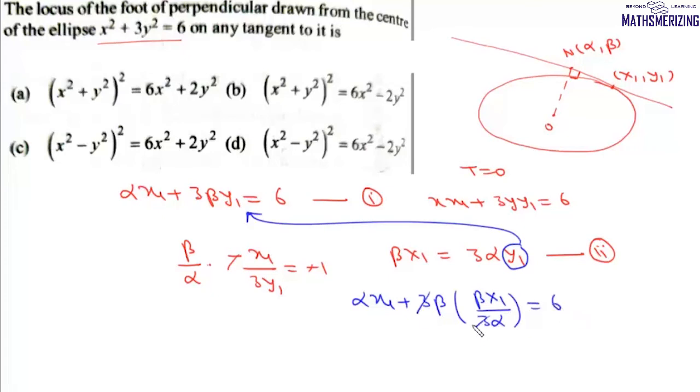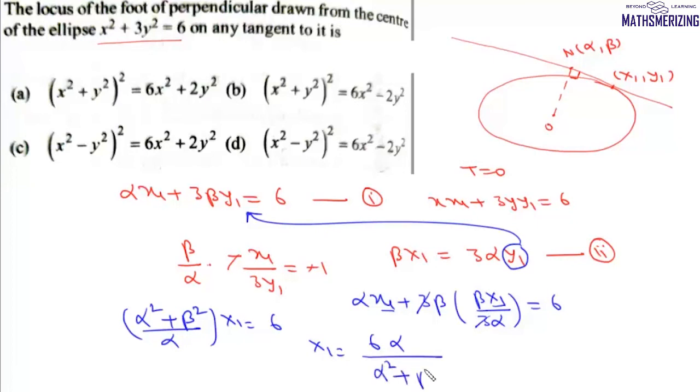Now this 3 will cancel. We can take x1 common, then we can write alpha square plus beta square upon alpha times x1, and this is equal to 6. That is, the value of x1 is 6 alpha upon alpha square plus beta square.